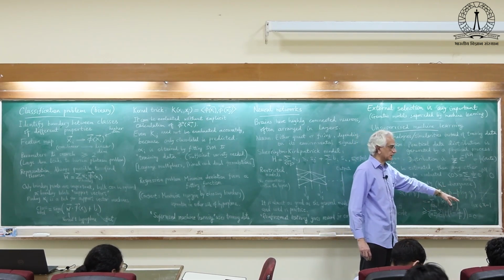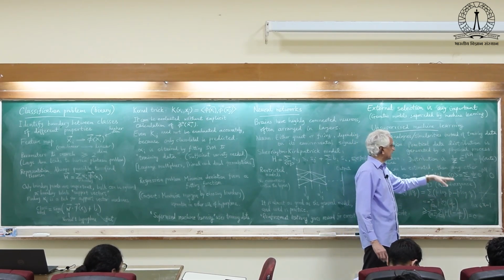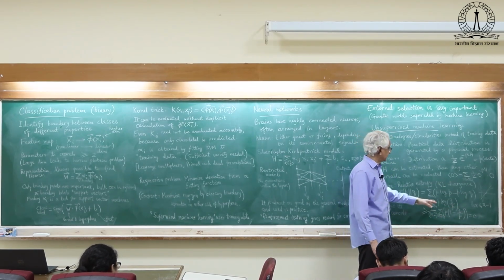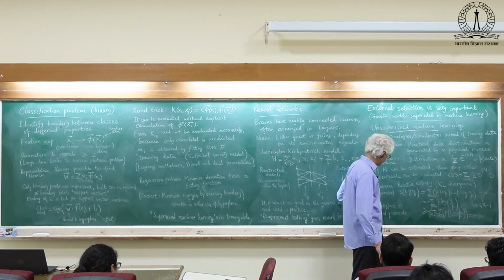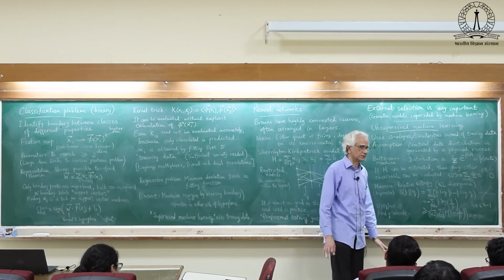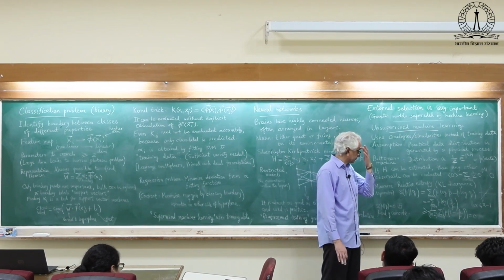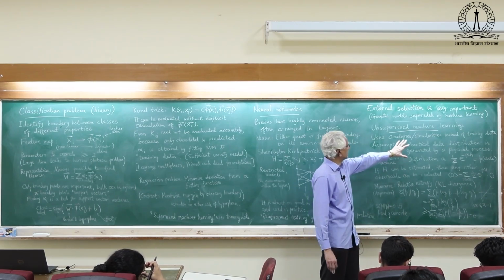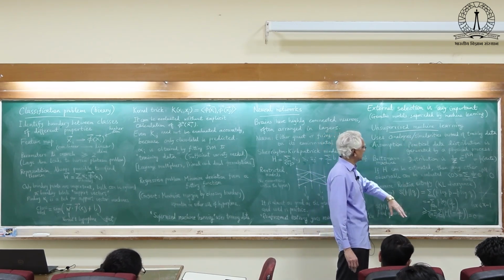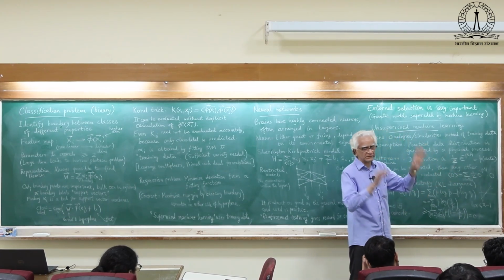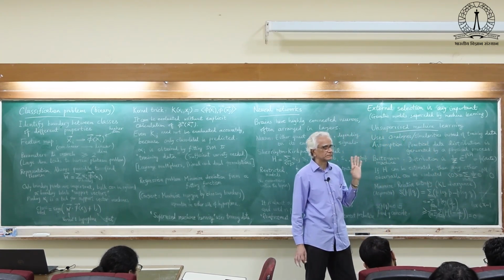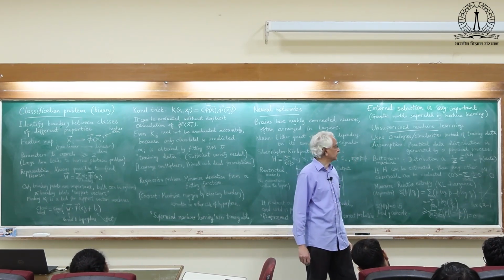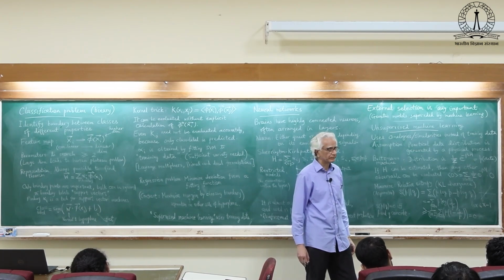I have another distribution. One of them might be coming from the data, the other one is the fitting function, and I change all the values so as to make this quantity as small as possible. And if I succeed, then I have found a good model to describe data, then I can calculate all observables, whatever I want, no problem. Okay. So, this is a strategy of unsupervised machine learning. Okay.